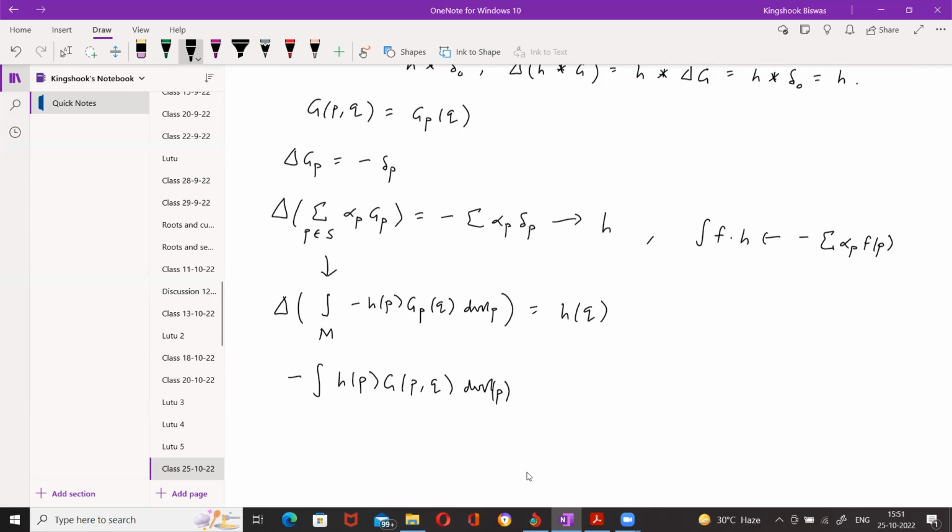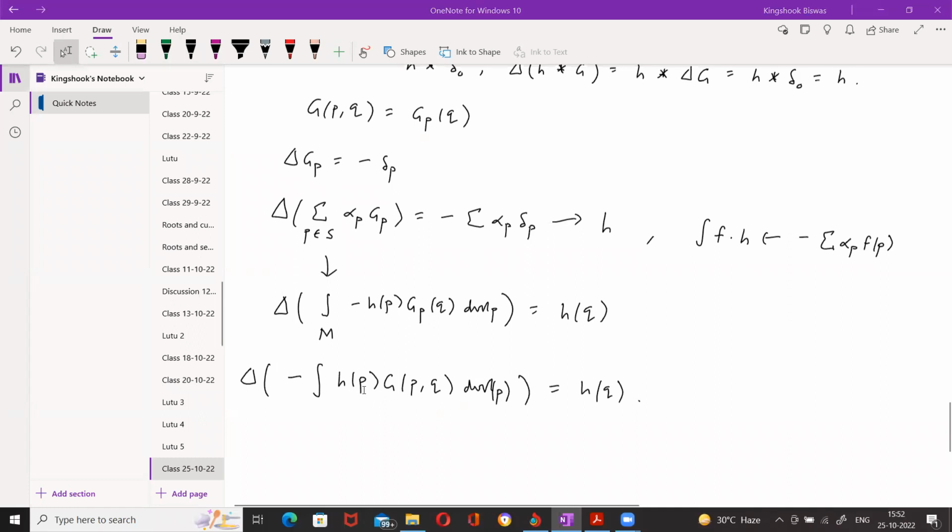So when I integrate, and formally, if you differentiate this, you'll get the Laplacian of this is equal to h. So you can justify this. This will be the Green's function. So you can solve the Laplace equation using an integral.